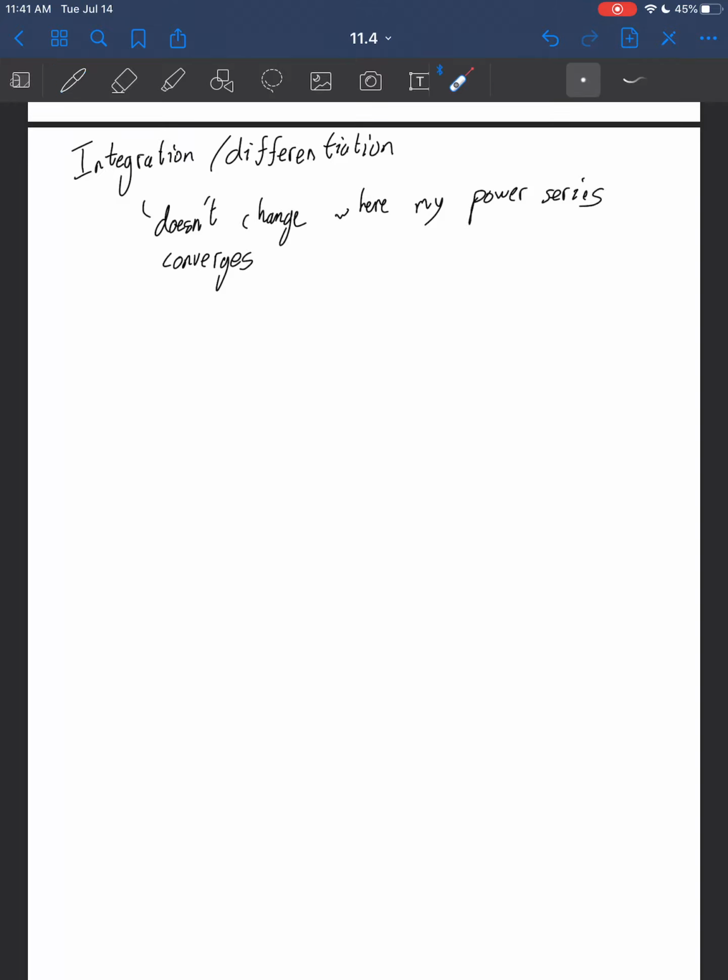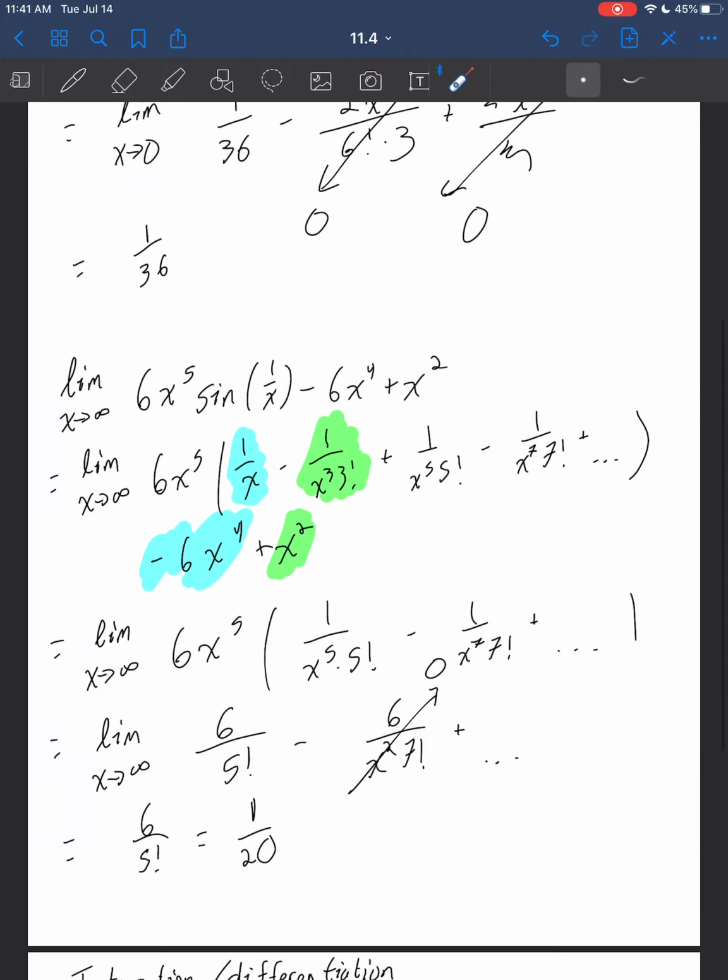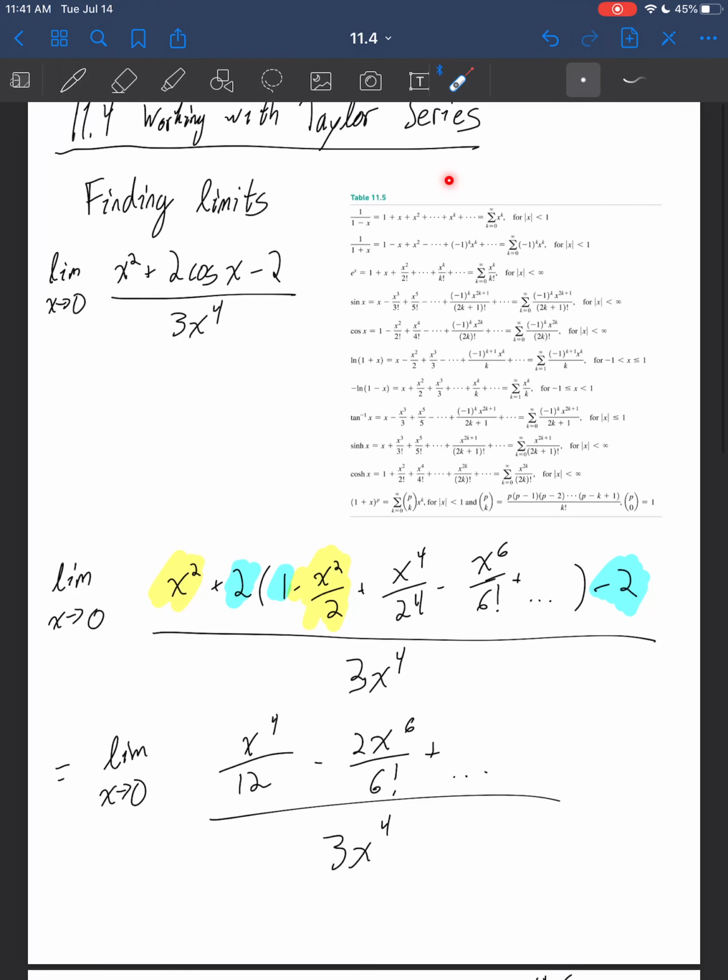So what this allows us to do is greatly expand this table right here. Because I can do things like taking integrals and taking derivatives of these functions right here and get new Taylor series or Maclaurin series for a lot of these. And actually, I think all of these are Maclaurin series. They're all centered at a equals 0. So I'd get new Maclaurin series for functions not necessarily on the list.